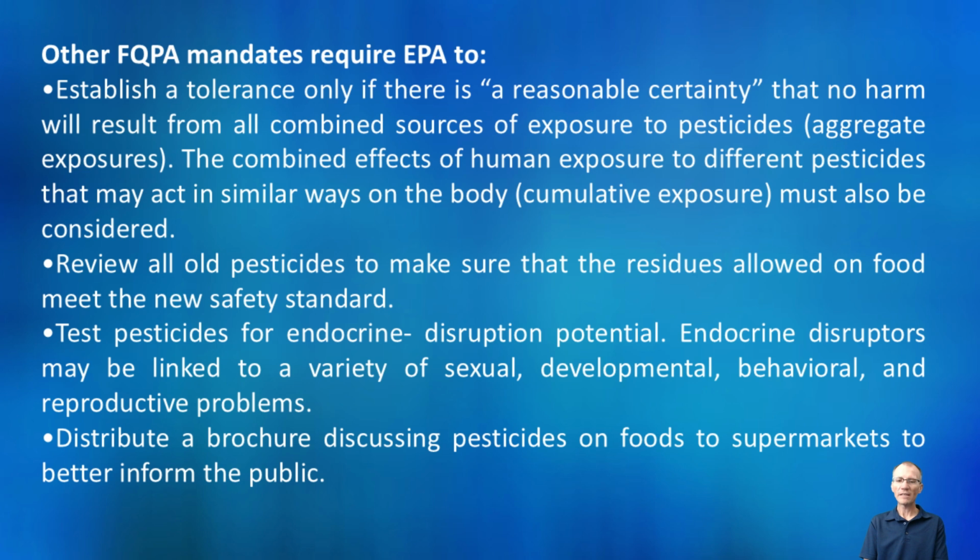Review all old pesticides to make sure that the residues allowed on food meet the new safety standard. Test pesticides for endocrine disruption potential. Endocrine disruptors may be linked to a variety of sexual, developmental, behavioral, and reproductive problems. Distribute a brochure discussing pesticides on foods to supermarkets to better inform the public.